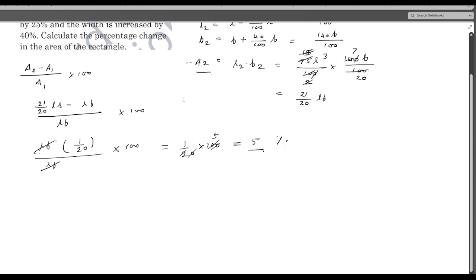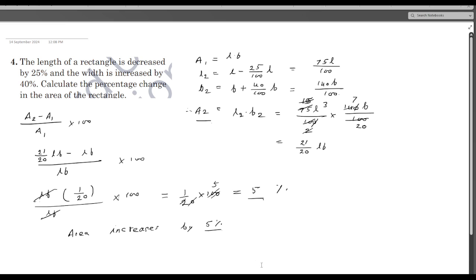There is an increase, so I will say that area increases. The positive sign indicates that there is an increase. Area increases by 5%.